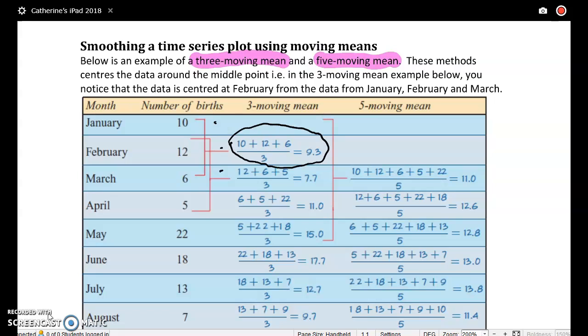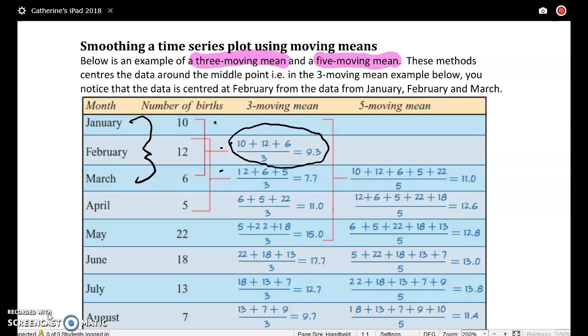Now, looking at this, the middle point of the 3 months is February. So that 3 moving mean is centered, that's the phrase we use, centered at February. So that 3 moving mean data point for February is 9.3.